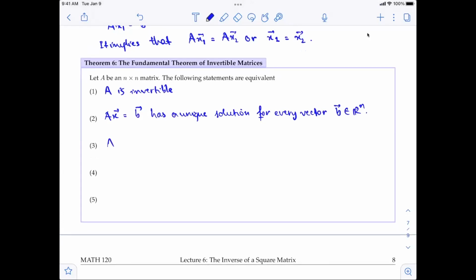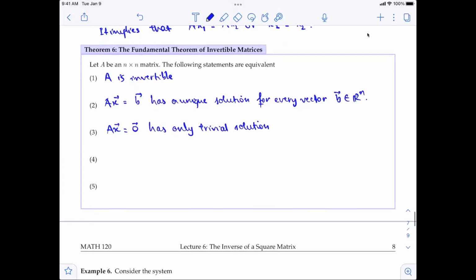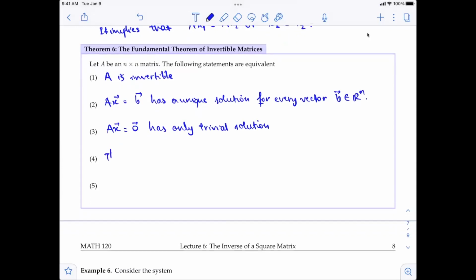And the homogeneous system has only the trivial solution. And the reduced row echelon form of A is the n by n identity matrix.